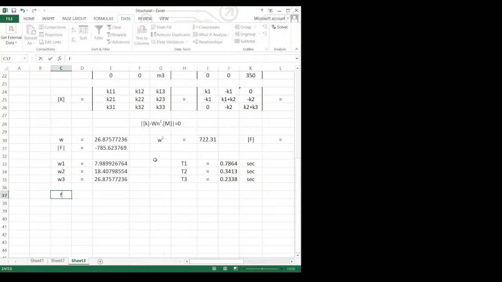First, we are going to calculate the first modes.